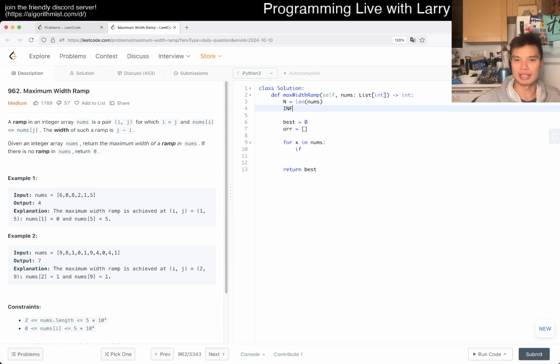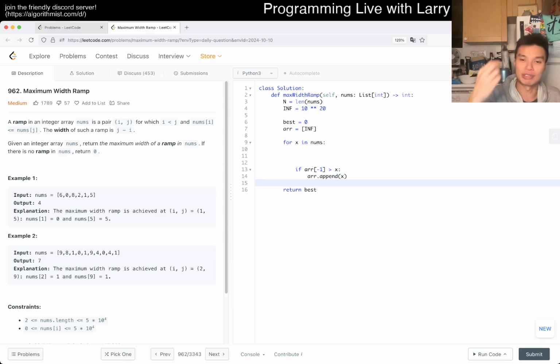You can also just start it off at infinity. Actually, you don't want to insert it yet, so I'll put it at the end: if the last element is greater than x, then we append x, which is what we talked about. Technically you want to insert it if it is the smallest element in the array, but the smallest element in the array is already at the end, right?